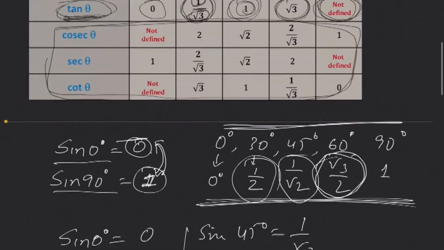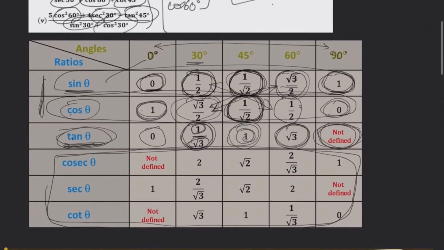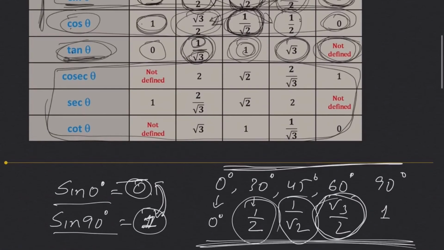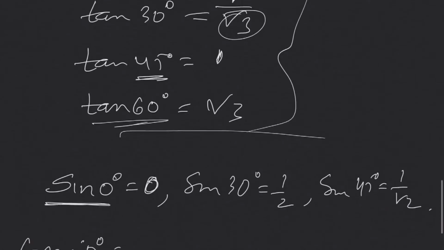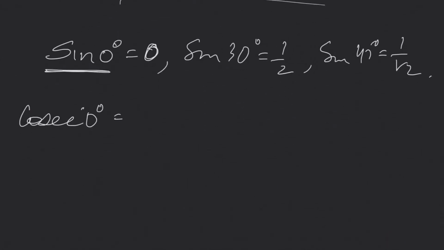Sorry, it's not defined. For explanation, 0 is 0 by 1, so the reverse should be 1 by 0, which is not defined.